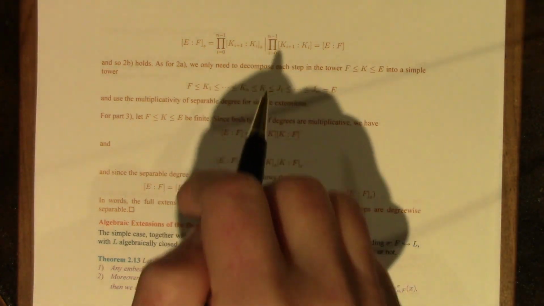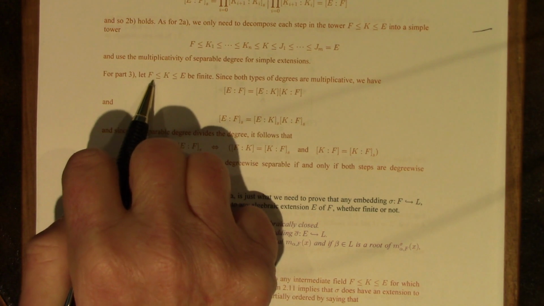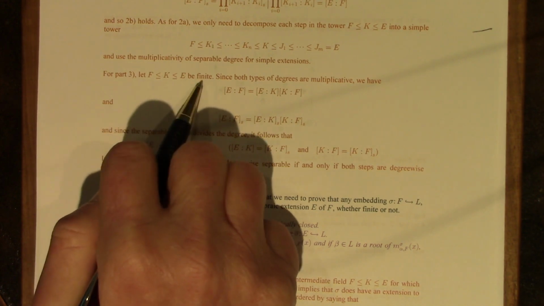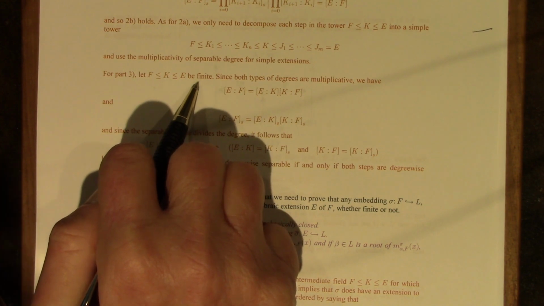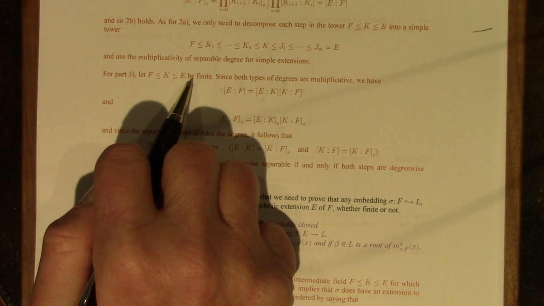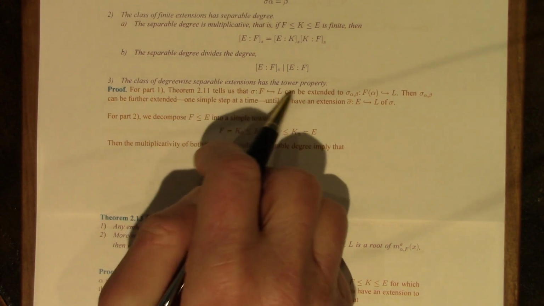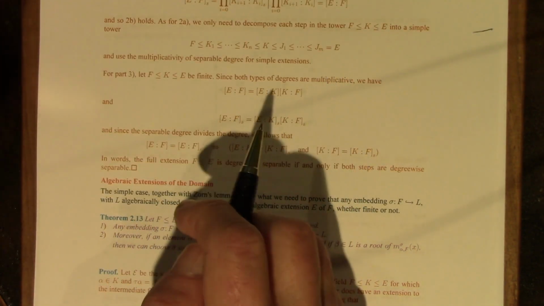Okay, and for part 3, where part 3 was the class of degree-wise separable extensions has the tower property.